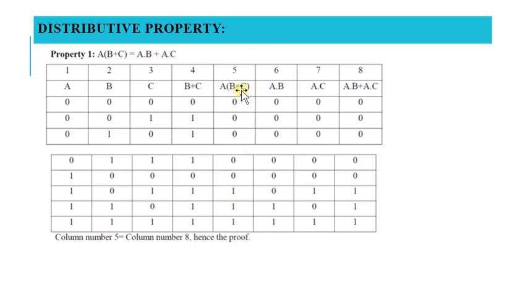So this completes column number 5, my left hand side, whereas I am performing A into B as column number 6, A into C as column number 7, and A into B plus A into C as column number 8. To compare the LHS with the RHS, I need to compare column number 5 with column number 8, and the result is the same.